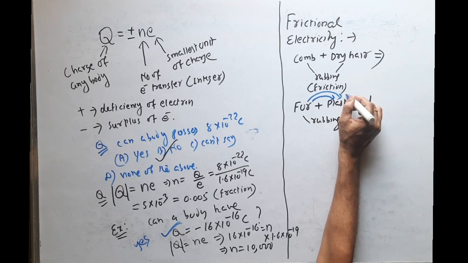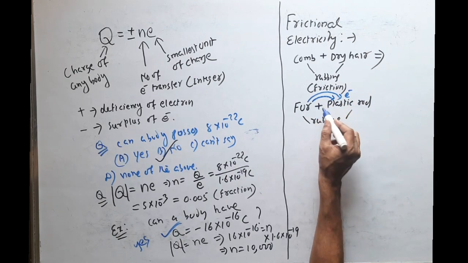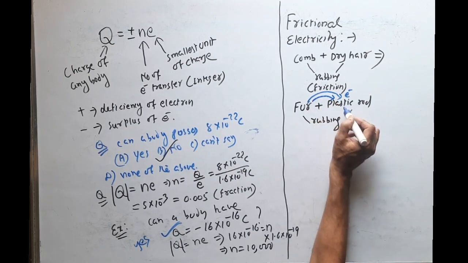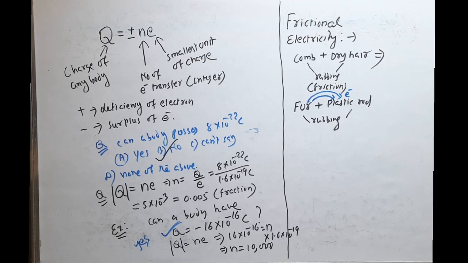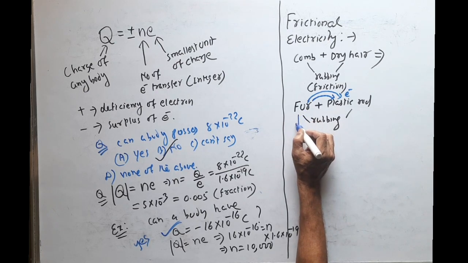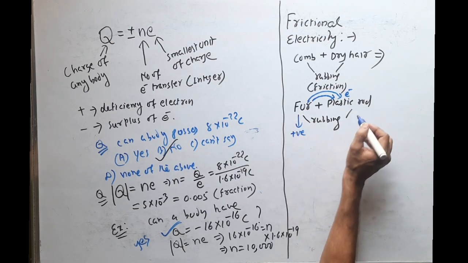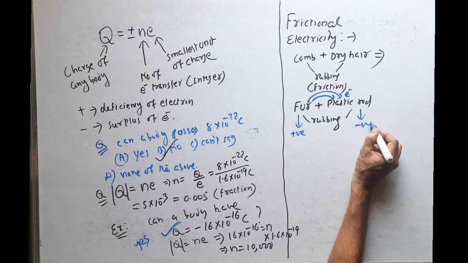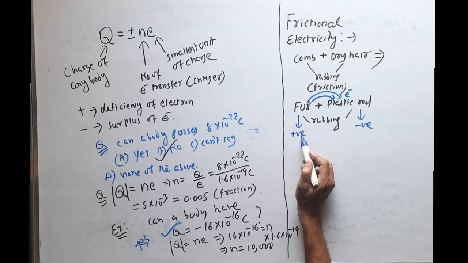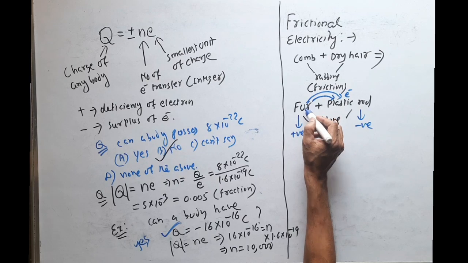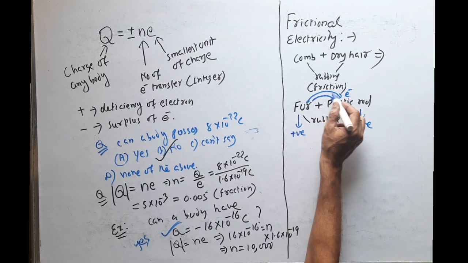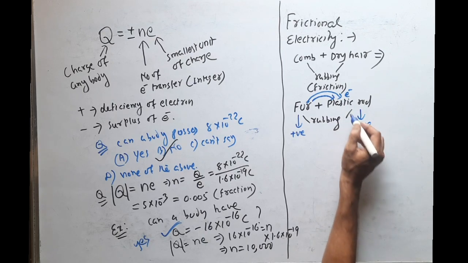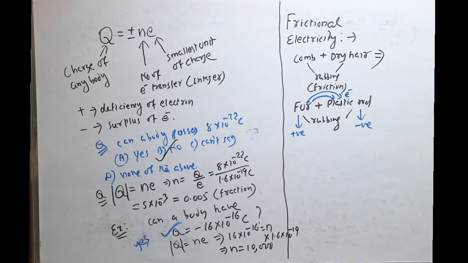Let us assume 2 electrons are coming from fur to plastic. After rubbing, this fur becomes positively charged and the plastic rod becomes negatively charged. Why does fur become positive? Electrons left from the fur, so deficiency of electrons creates positive charge. And electrons are added to the plastic, so addition of electrons creates negative charge.